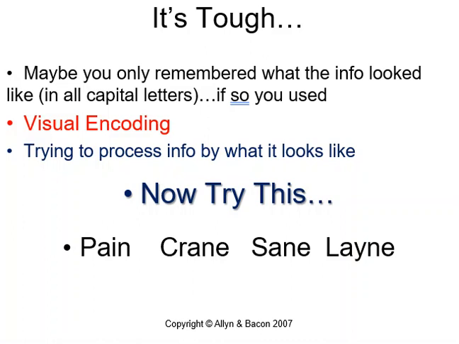Let's try this one. All right, so let's see if you can remember this one. Now, the previous one was what we call visual encoding, just trying to process information by what it looked like. That was very difficult. This one is a different type of encoding, so try to remember it.